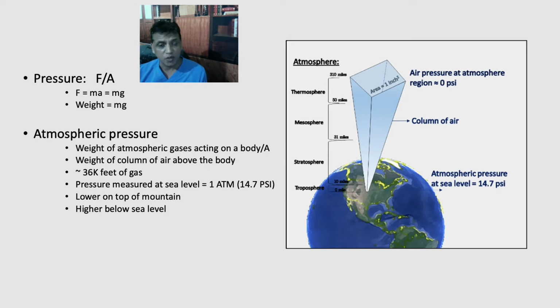Equally, if you were to go down in a canyon below sea level, the height of the skyscraper will be increased and the weight of atmospheric gases acting on a unit area of one's body will increase. So the pressure increases. So atmospheric pressure varies with elevation.